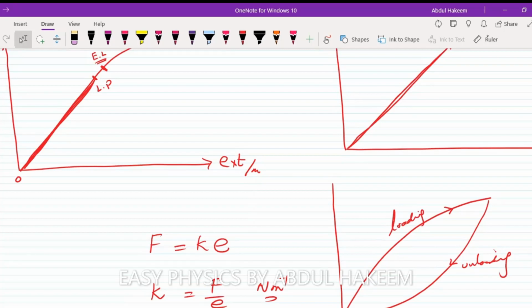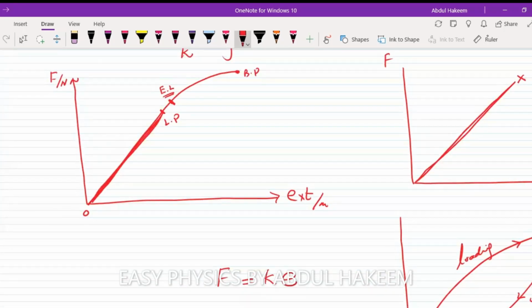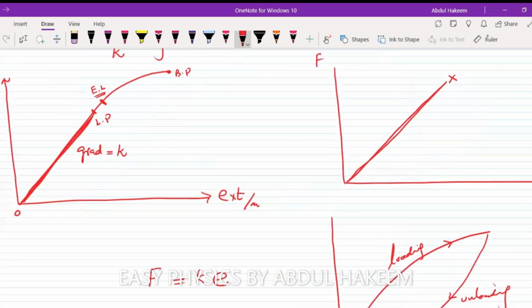That's k. And here, the gradient of the straight line is this k, which is the material constant, spring constant, stiffness. And the area under the graph is the energy stored due to deformation, which is called strain energy or elastic potential energy.